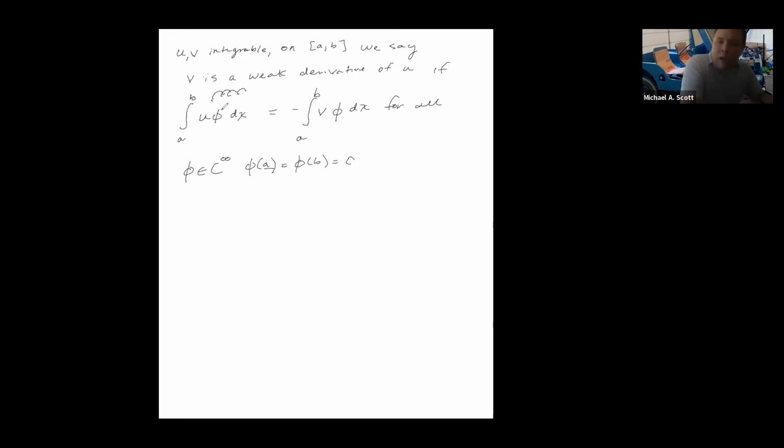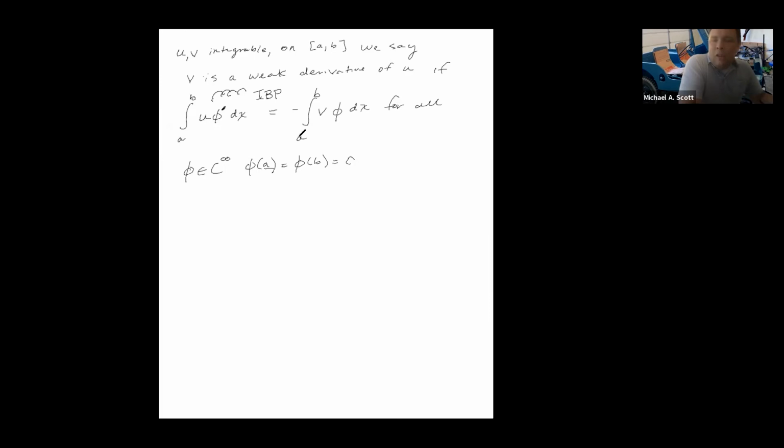And because phi is infinitely differentiable, we can take its derivative. Notice there's no derivative on u, and u is integrable, so this integral is fine. Then we do integration by parts. So this right here is integration by parts.